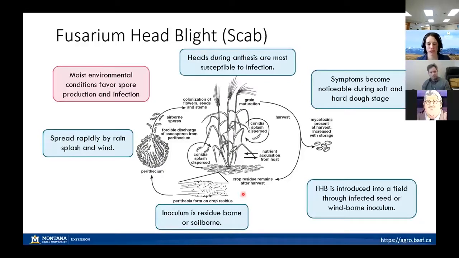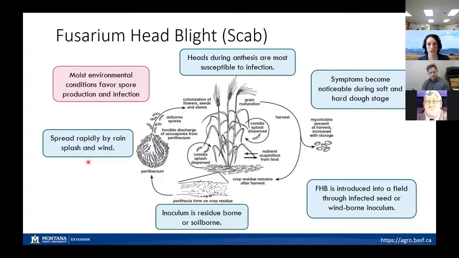Crop rotations that frequently have cereals in them, so wheat, barley, durum, but also corn, can really increase the presence of this pathogen in the field. And this pathogen readily spreads by rain or wind, from the residue on the ground onto the foliage and later onto the head.